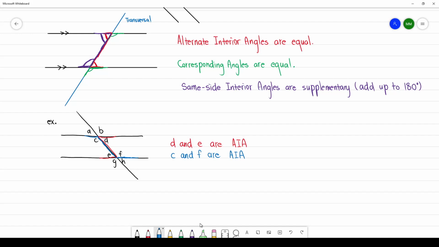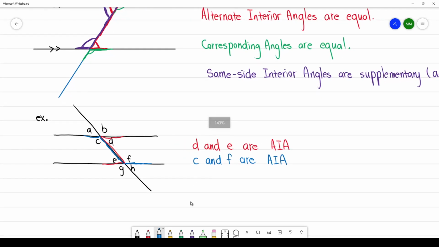Oh, it's actually 11 already. So actually let me just point it out then. Just quickly go through this. So D and E, they are same side interior angles. And then C and E. No, D and F, I mean. Yeah, my bad. D and F. And then C and E. They're same side interior.